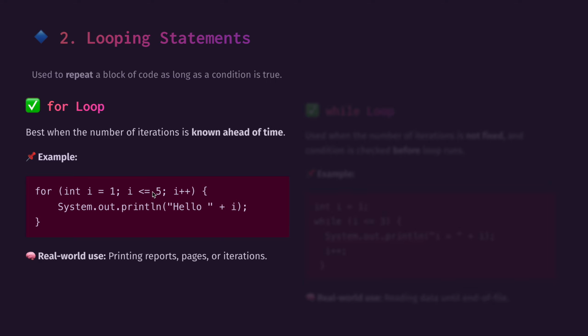If the condition is true, for I less than 5, it executes the statements, then it increments the I value by 1. I plus plus means it increases the value from 1 to 2, then it checks the condition again. If 2 is less than 5, the condition is true, then it executes the statement again.